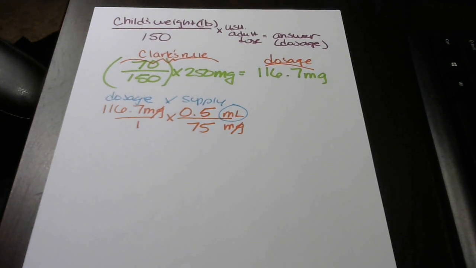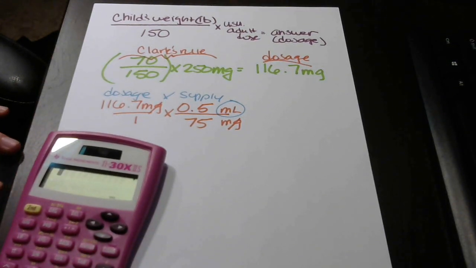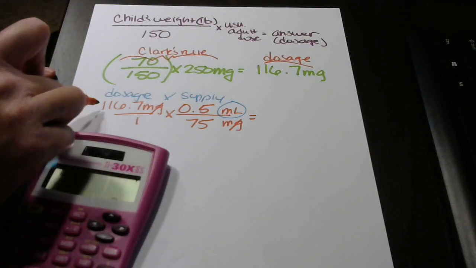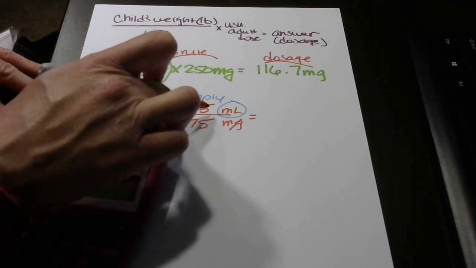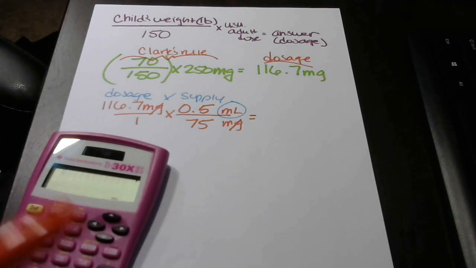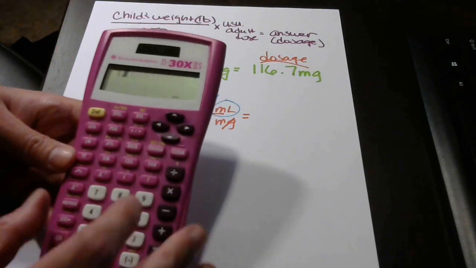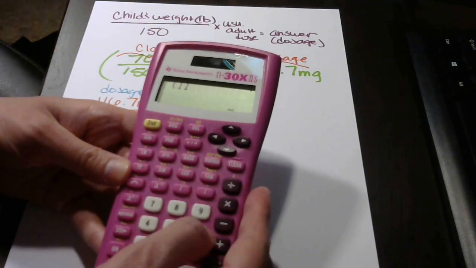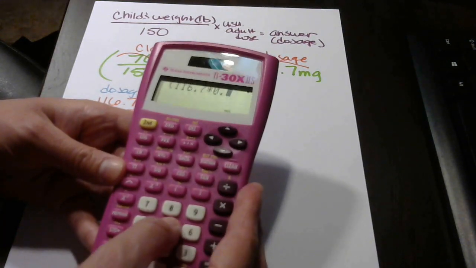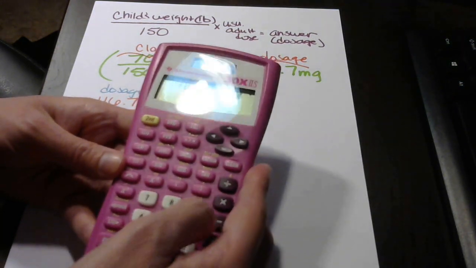So let's get our calculator. And we multiply across. So we want to do 116.7 times 0.5, and then it's going to be divided by 1 times 75. I'm going to use the parentheses on my calculator because I am lazy. So you put 116.7 times 0.5, close your parentheses, then you can do divided by 75.